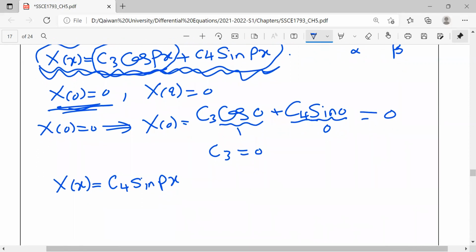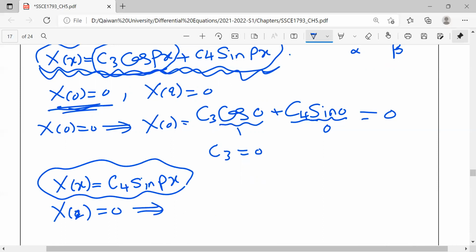Now we apply the second boundary condition, X of 2 equals 0. In this solution, we replace x by 2 and it equals 0. We get X of 2 equals C4 sine 2p, and now we say this equals 0.